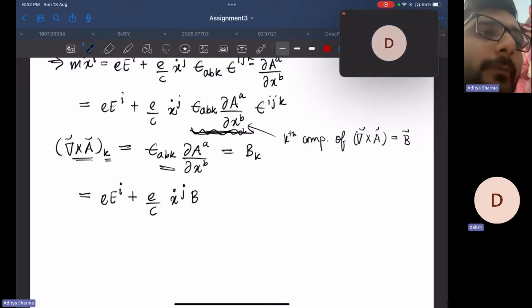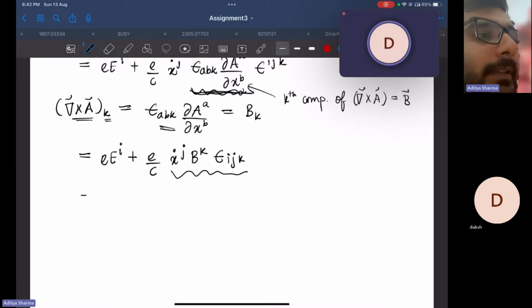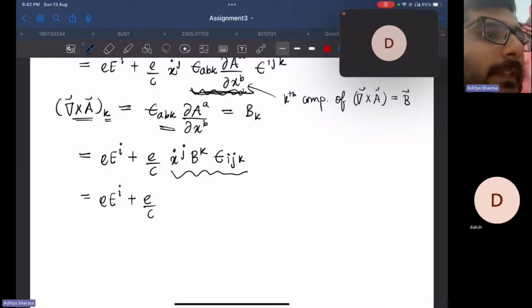And the kth component, I'm calling it B_k. So B_k epsilon_ijk, and this is nothing but v cross B, right? This is the ith component of v cross B, because this is v and this is B.